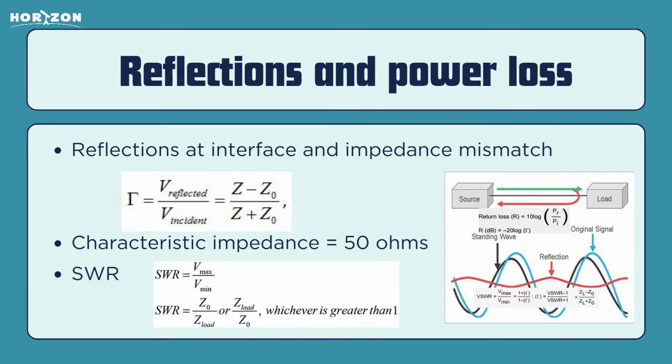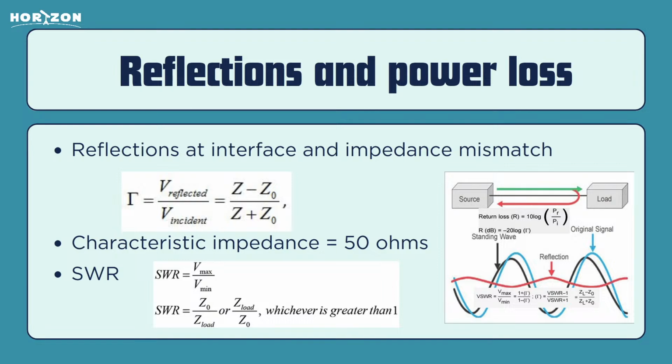And the reflection coefficient is the ratio of the reflected voltage to the incident voltage. The expression for that is given on the slide, and it is analogous to Fresnel's equation, where the reflection coefficient depends on the refractive indices of the two media.